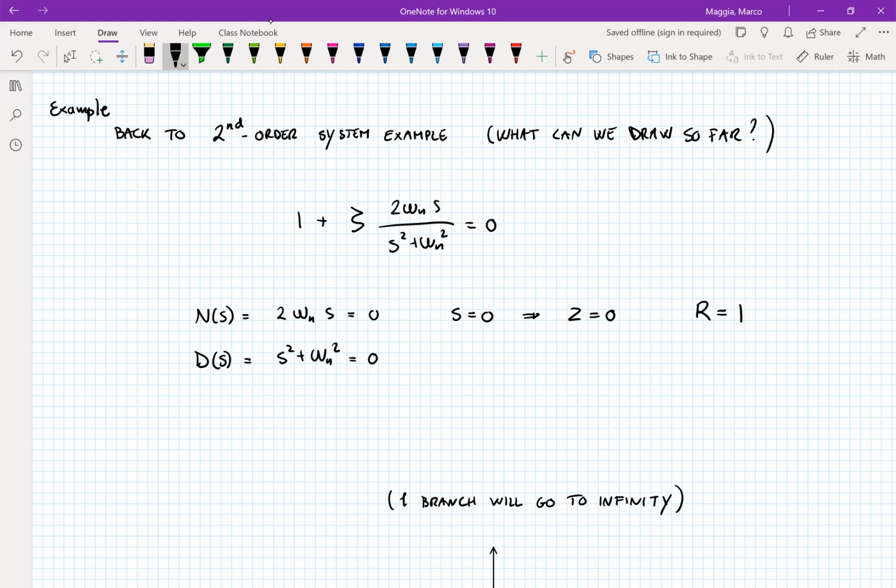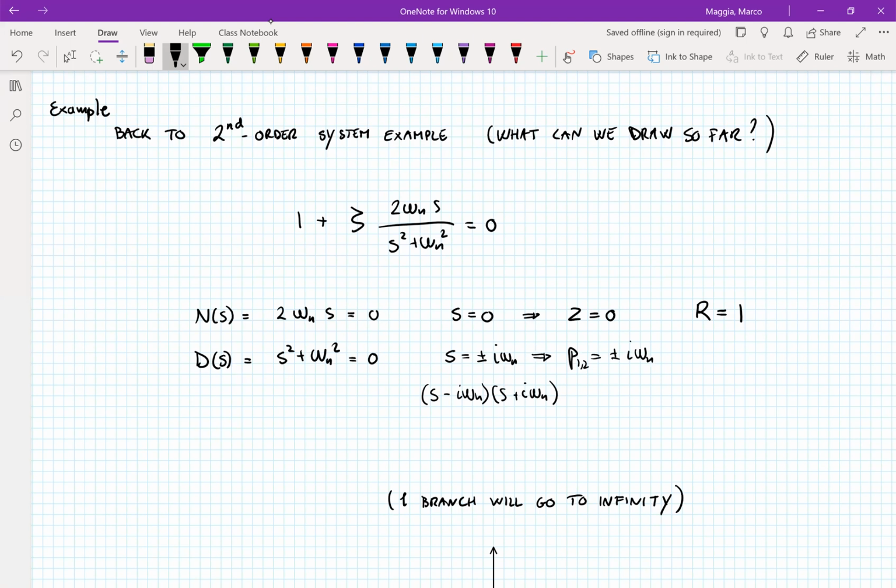Now let's do the same with the d of s. The solutions here are s equals plus or minus i omega n. You could write it as s minus i omega n times s plus i omega n. So in other words, we have two open loop poles at plus or minus i omega n.